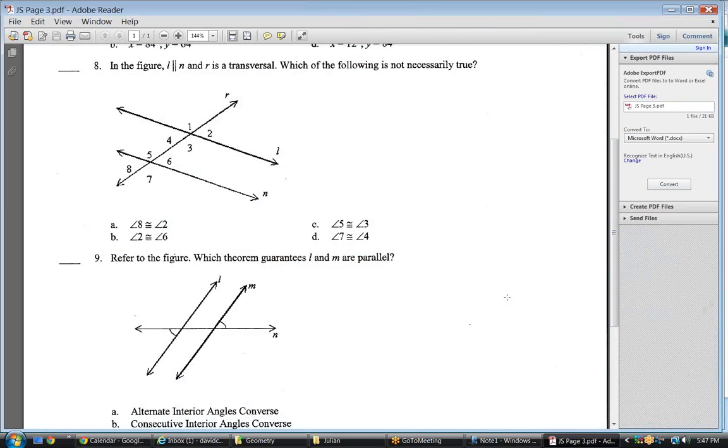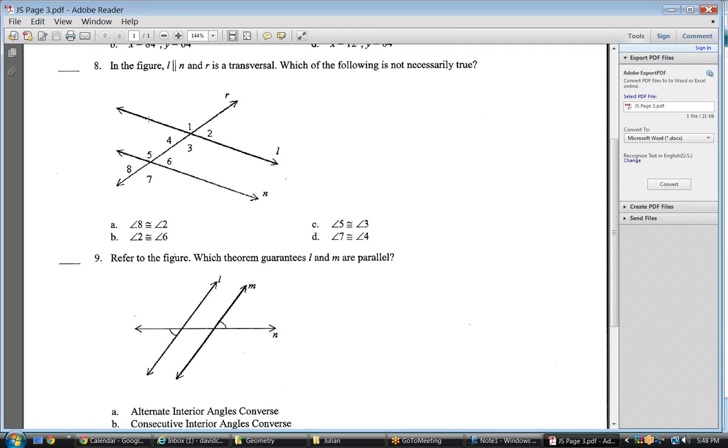So, let's look at B. Is 2 congruent with 6? Yeah. How about C? Is 5 congruent with 3? No. Which one is acute? 5.